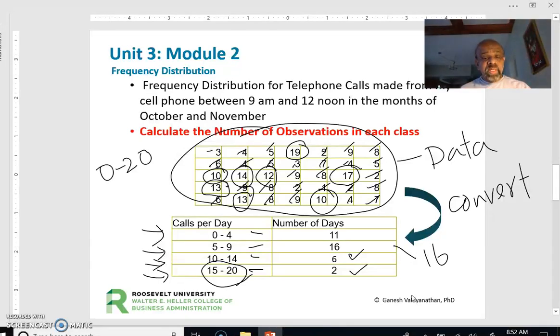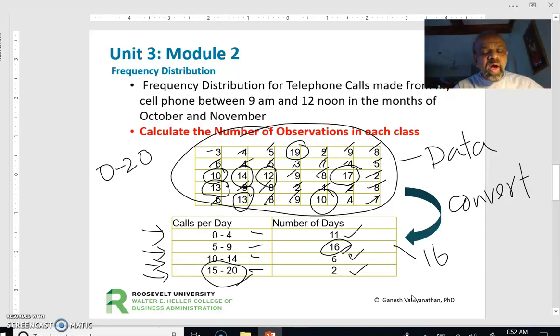So what I've done basically is this. During the months of October and November, I have a lower number of calls, 0 to 4, for 11 days, and I have 5 to 9 calls per day for about 16 days. So actually I'm not doing badly if I look at it.